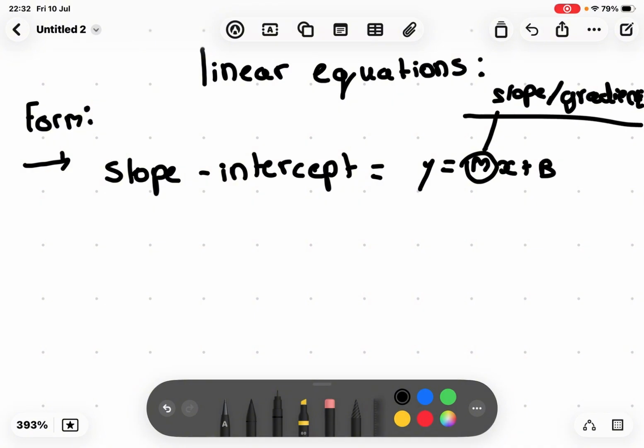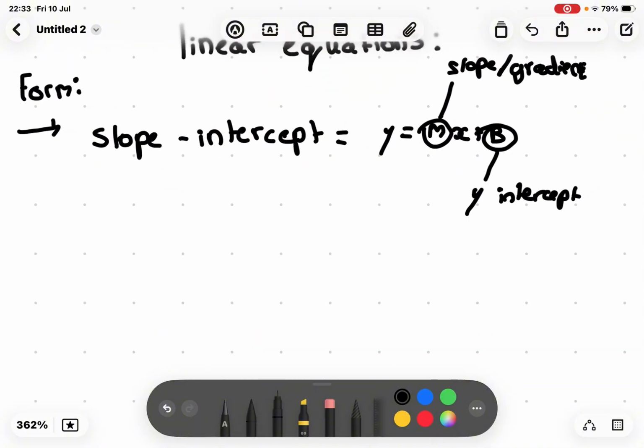However, these two things are the same. Slope and gradient are the same. x is just an x. We do use it, however, it's more as if we're not worried about it right now. b is the y-intercept.